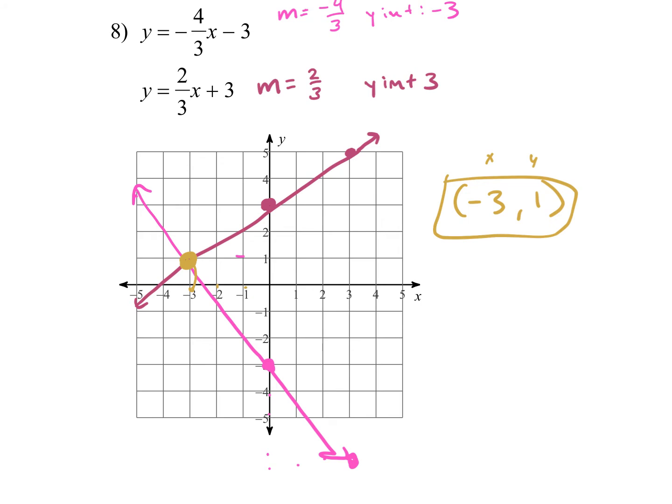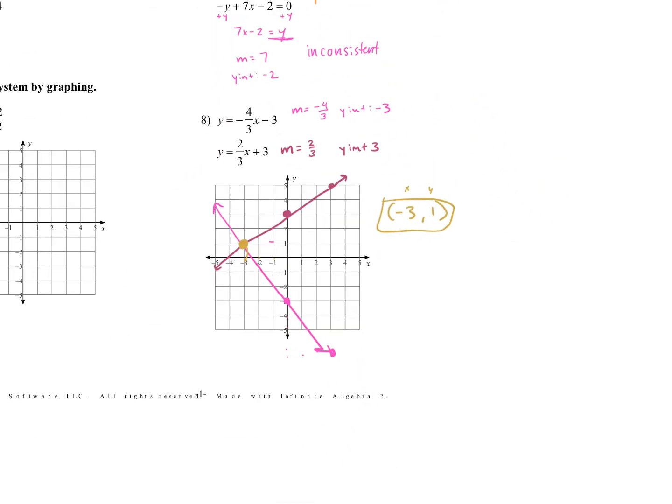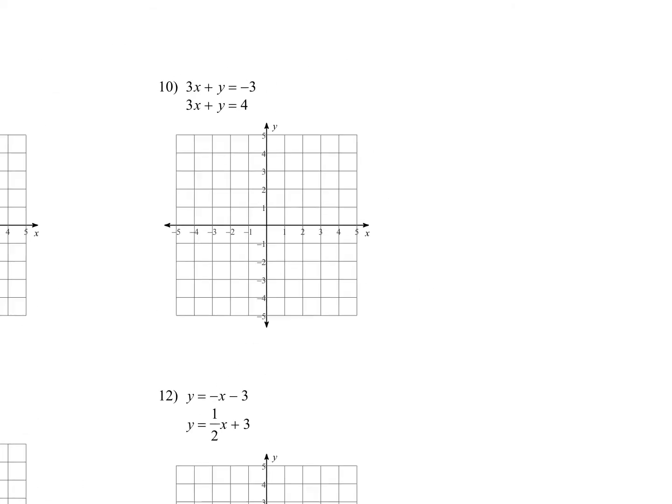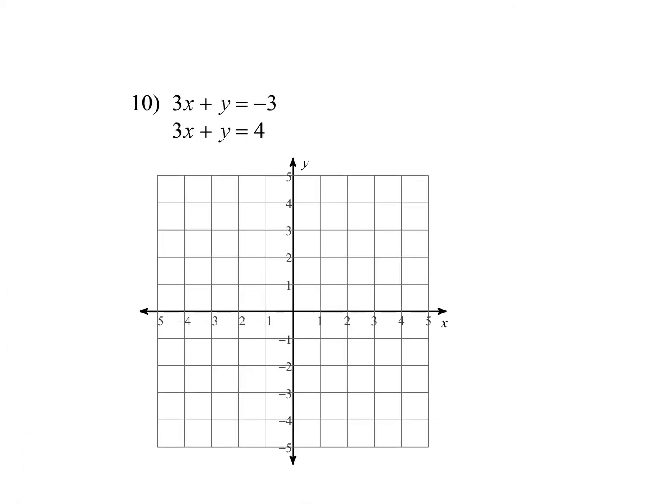Any questions here? All right, let's look at number 10. So how can I get this into slope-intercept form? I want it to be y equals. What can I do for the first equation?